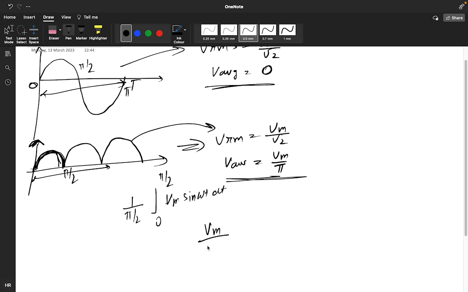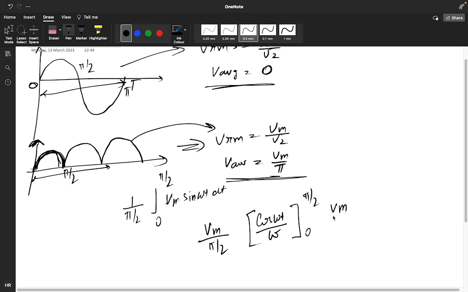Vm by pi by 2 into cos omega t divided by omega, 0 to pi by 2. So you will get Vm by pi by 2 into omega, and this will come cos omega, cos pi by 2.